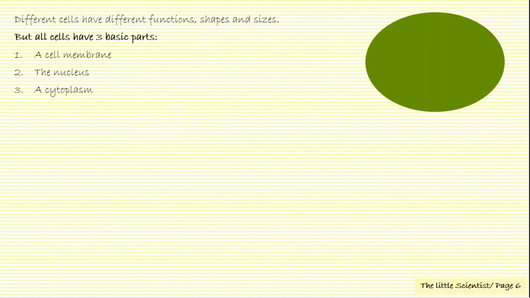Okay, all cells, plant cells and animal cells, have three basic parts. What are these parts? The nucleus, which is the center of the cell, the cytoplasm, and this cytoplasm is surrounded with a cell membrane. Animal cells and plant cells have these three basic parts.